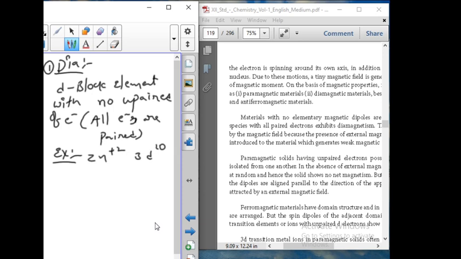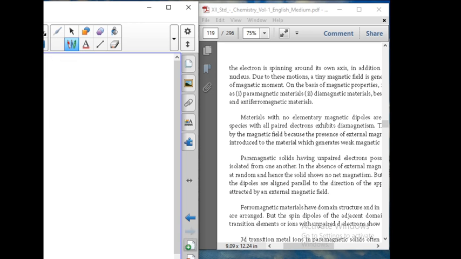You can see the same for Sc3+, Ti4+, V5+, Cr6+ and Mn7+. All these configurations are paired up, so they are diamagnetic in nature.